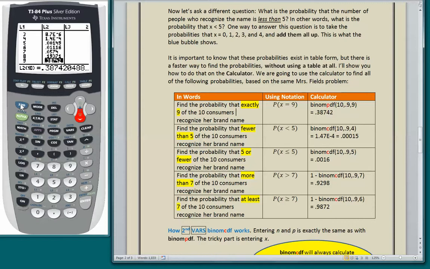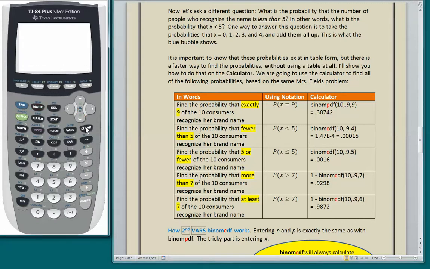So I'm going to come over here to the calculator. I'm going to clear my screen, and I'm going to do this. Binomial PDF. Notice that P there. We're going to do second vars, and scroll down to Binomial PDF.